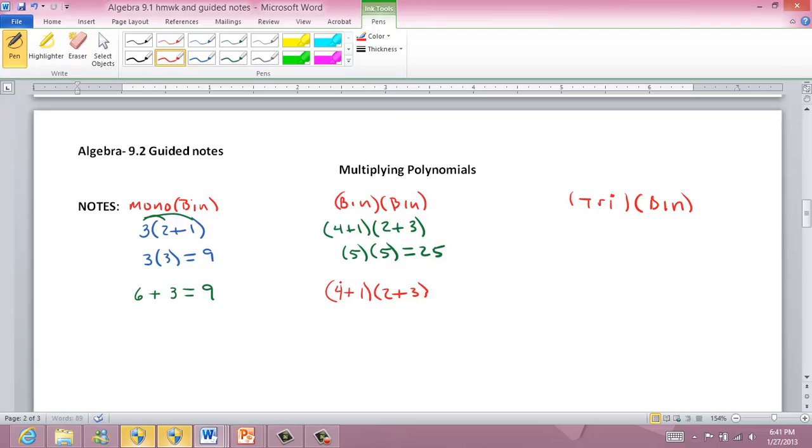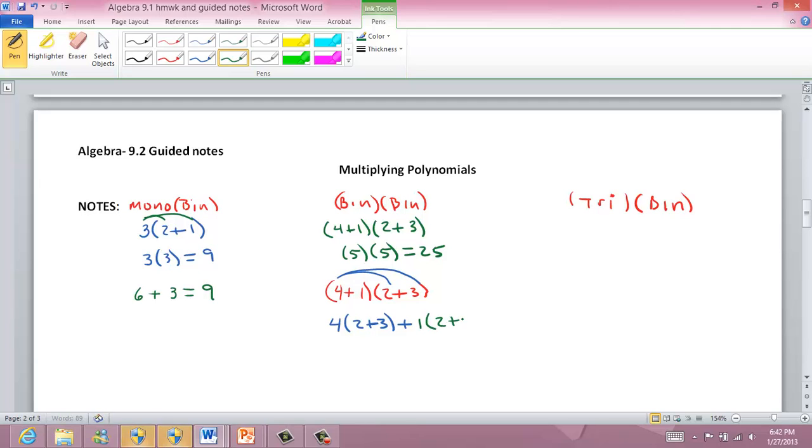How could I get that same answer, 25? Well, first, we take each term from the first set of parentheses and distribute it to the second binomial. That would give 4 times 2 and 4 times 3. Then I pull out the second term, the 1, and distribute it to the 2 plus 3. Once I distribute, I would get 8 plus 12 plus 2 plus 3.